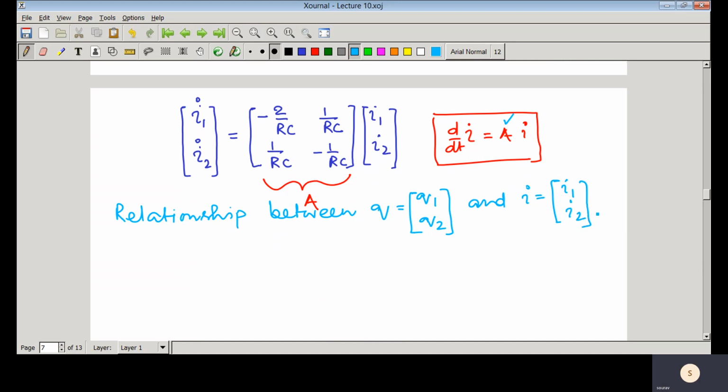In both cases we got two different state space models, and we are just trying to find the relationship between these two state vectors.